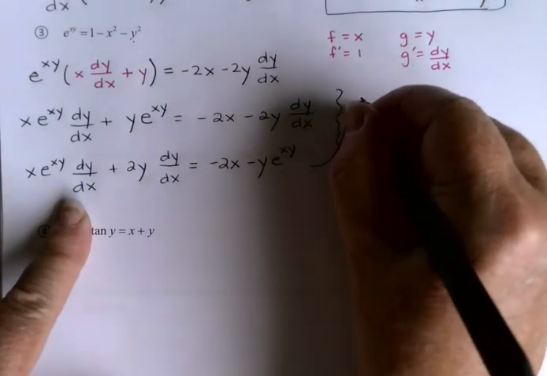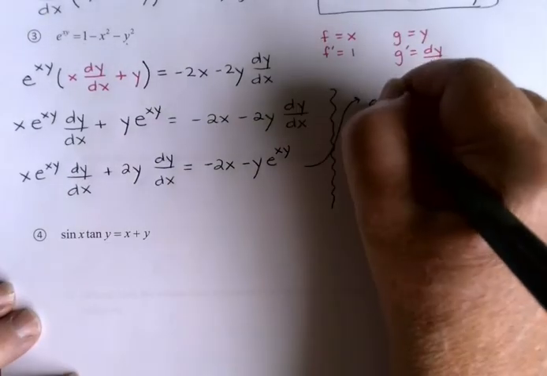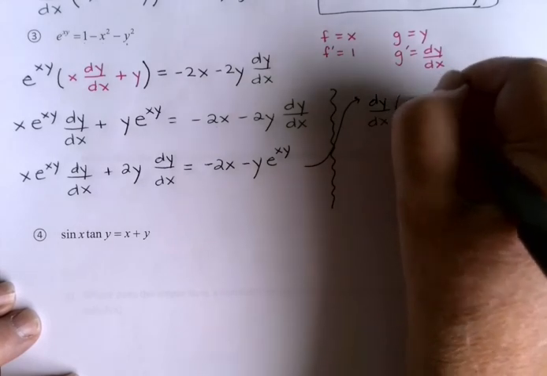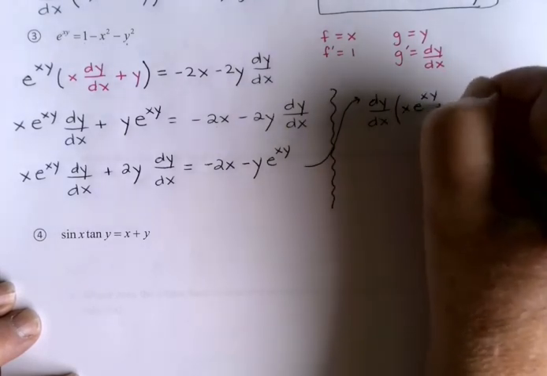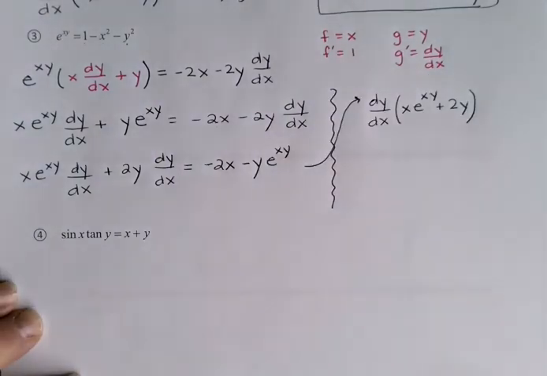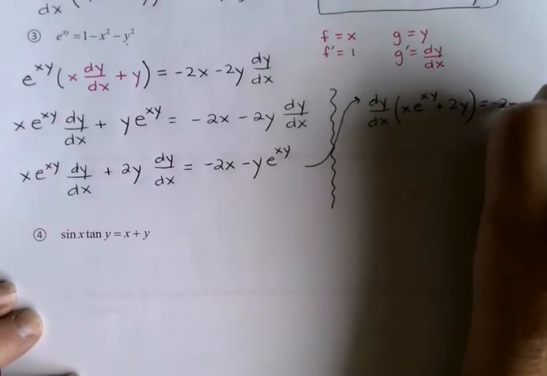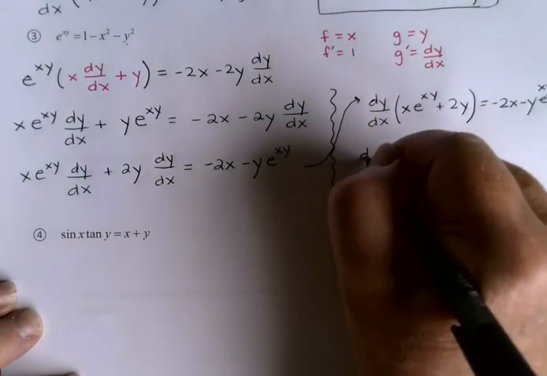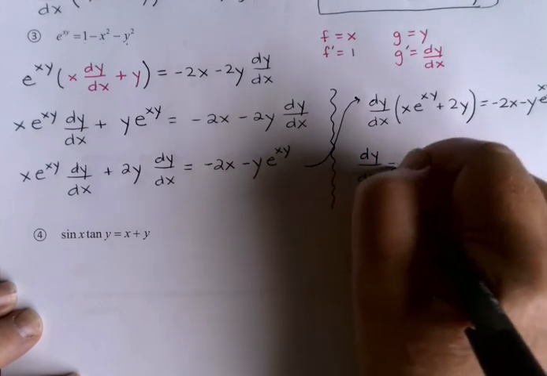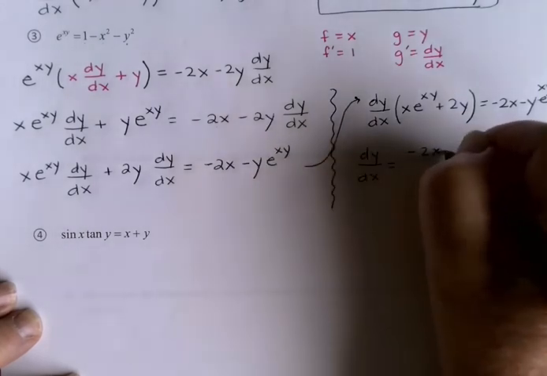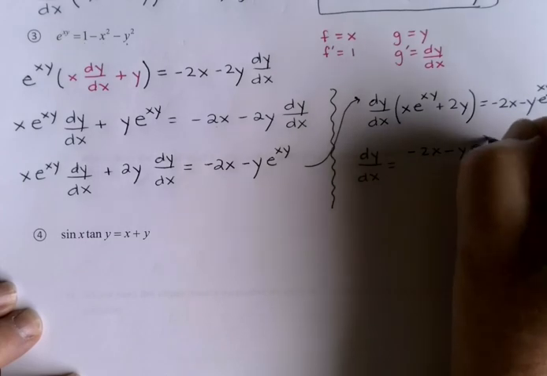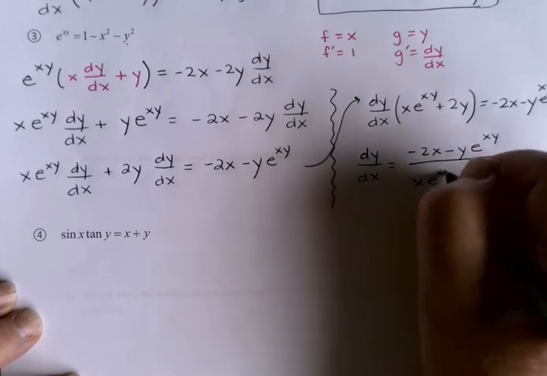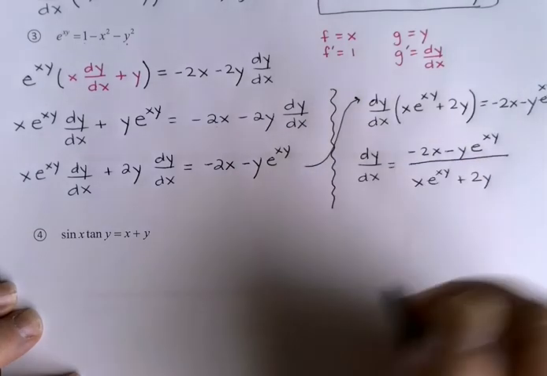I will factor dy dx out of the left-hand side. Leaves me x e to the xy plus 2y equals that right-hand side. And then solving for dy dx, we have the negative 2x minus y e to the xy divided by x e to the xy plus 2y.